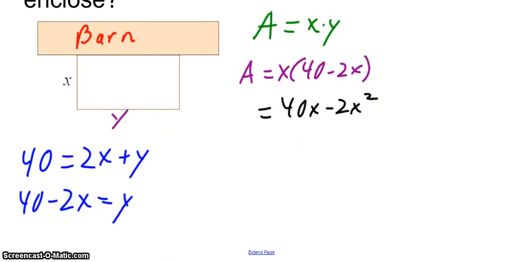So find the first derivative here. I know A prime is going to be 40 minus 4x. Find its critical values.